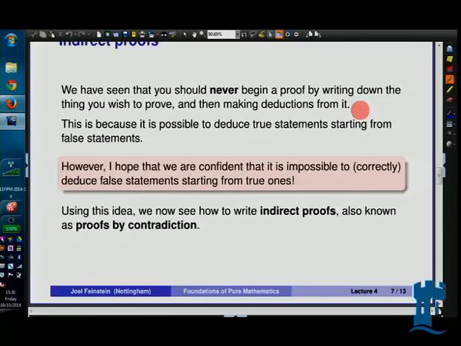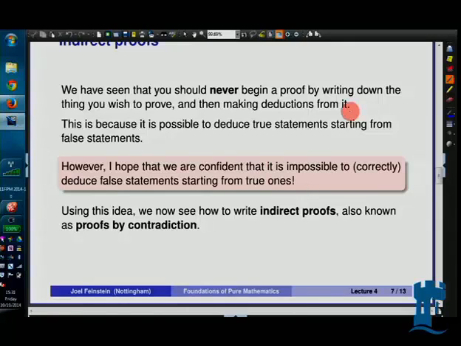And if you write something true down, let's get this right. If you write something true down and deduce something true from it, but you've gone backwards, it doesn't show that the statement you write down at the end implies the statement you had at the beginning, unless your steps are reversible. Okay, but let's take it as reasonable.